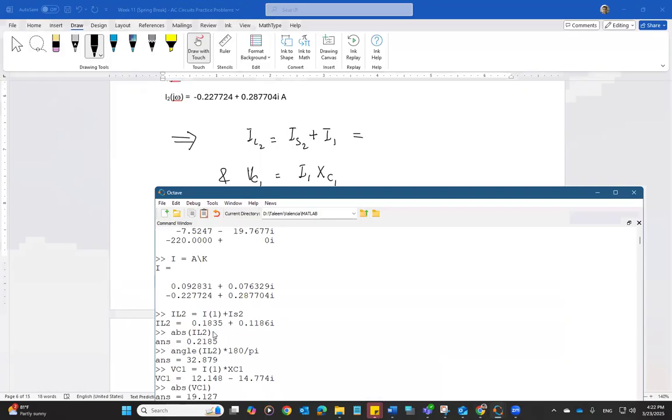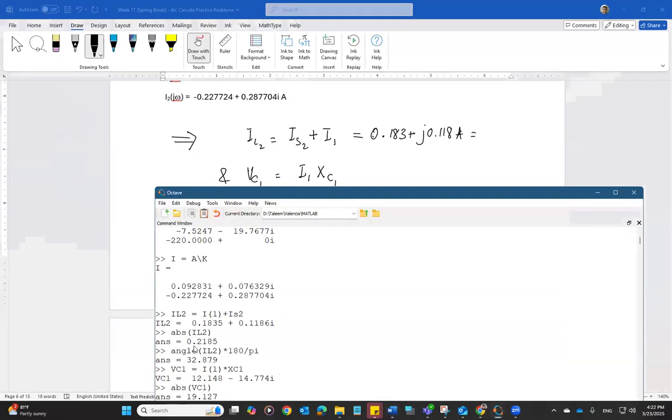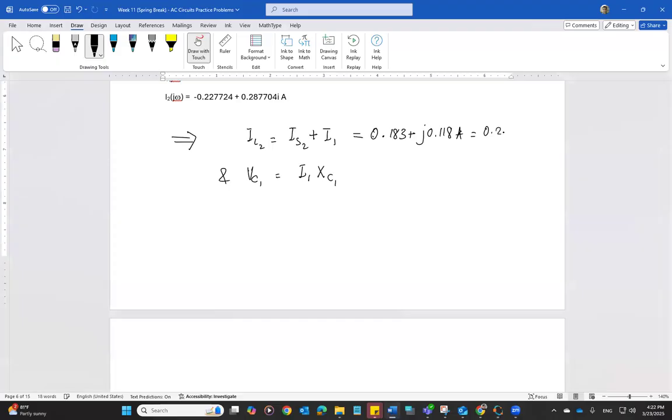So I'm going to write down 0.183 plus j 0.118 ampere, which is equal to, absolute value is 0.2185, angle is 32.88. So 0.218, angle 32.8 degrees.